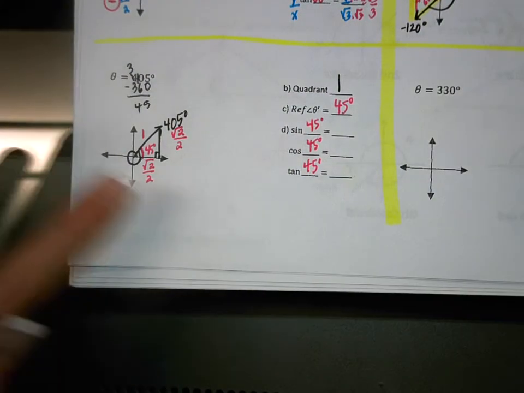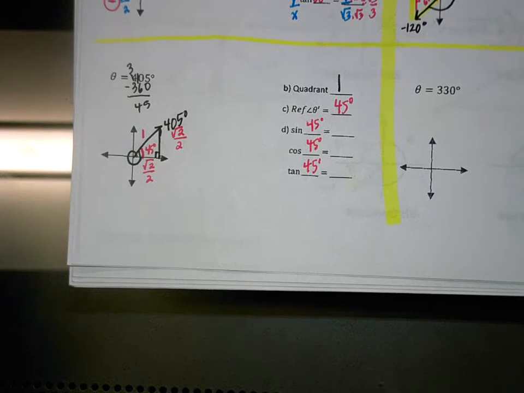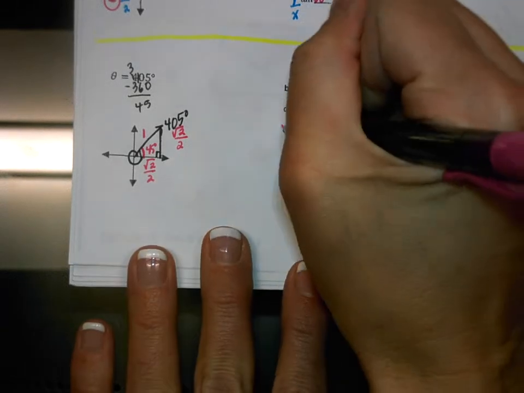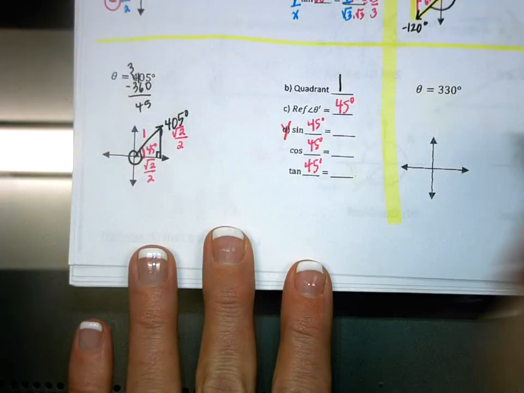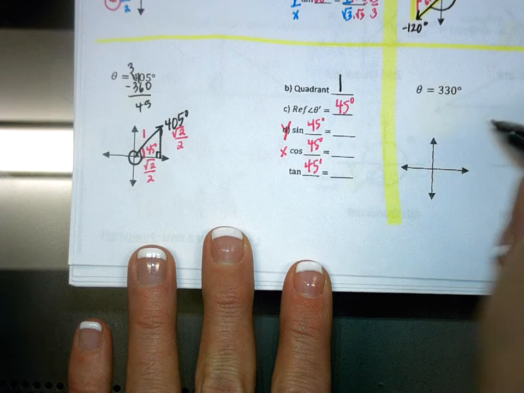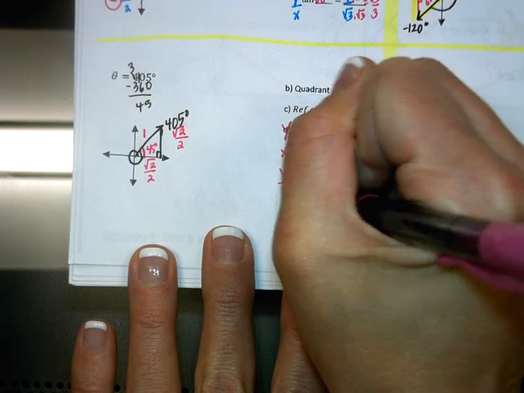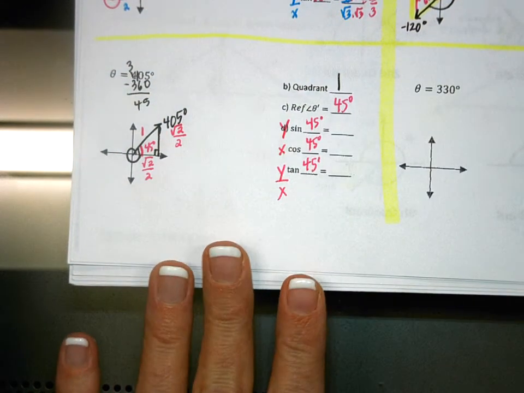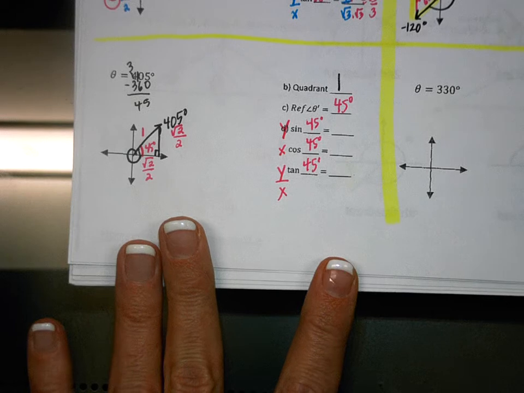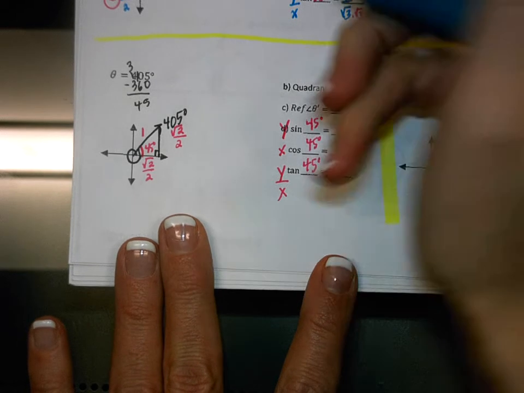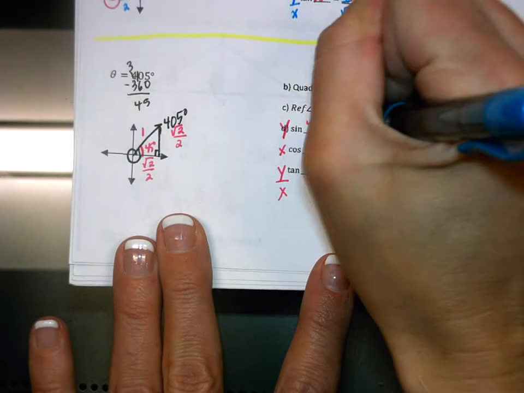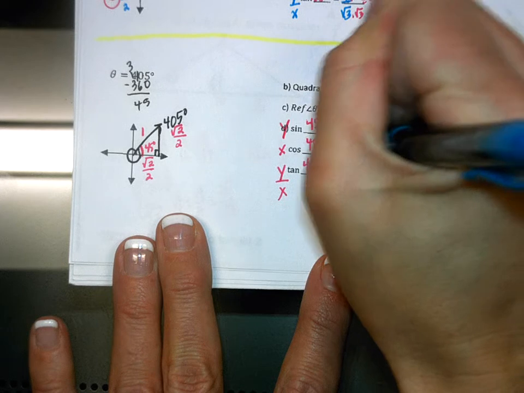Do I have to worry about negative signs on this one at all? Nope, because it's going right, which is positive, and it's going up, which is positive. Okay, again, remember that our value for sine is y. Our value for cosine is x, and then tangent is y over x. And so what is my y value? Good. And then cosine is root 2 over 2.